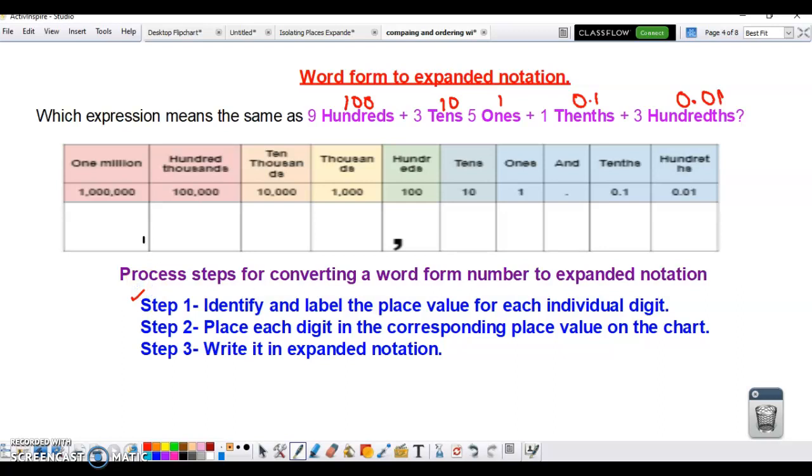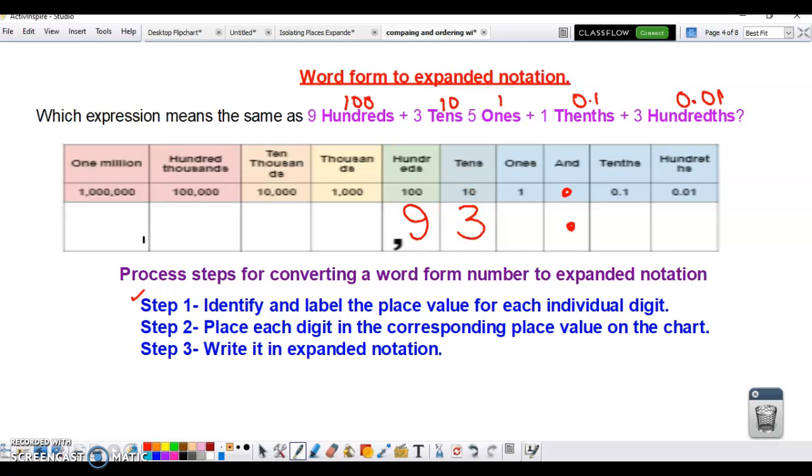Place each digit in the place value chart. So 9 hundredths again. I see the decimal point right here. I'm going to put the decimal point just to guide me. Ones, tenths, and hundredths. So I got 9 hundredths. I put the 9 right there. The next is 3 tenths. It belongs here, the tenths.